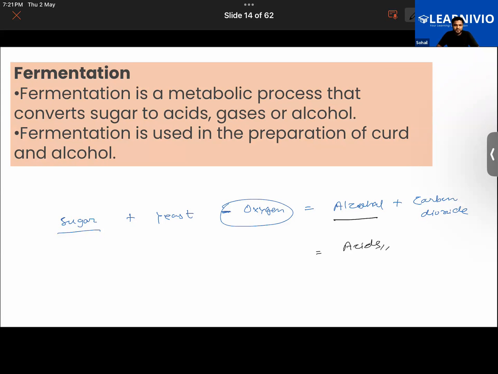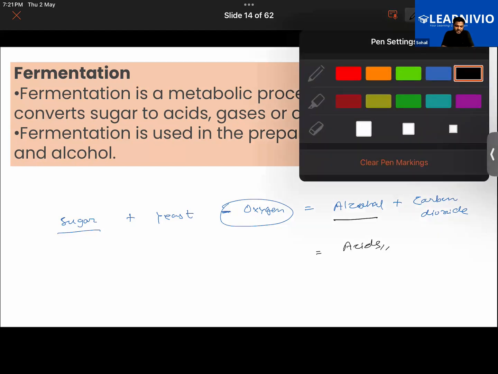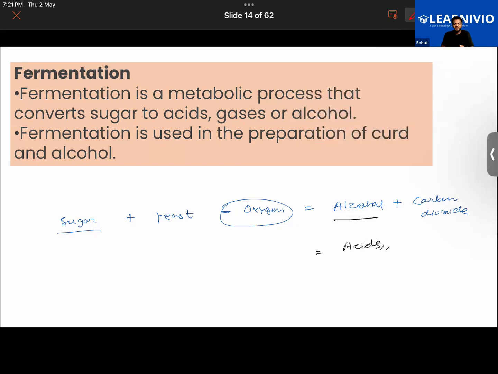Now, let me tell you what basically happens. Fermentation will also be of different types. In one type of fermentation, you would be producing an acid. In another type, you'll be producing alcohol.